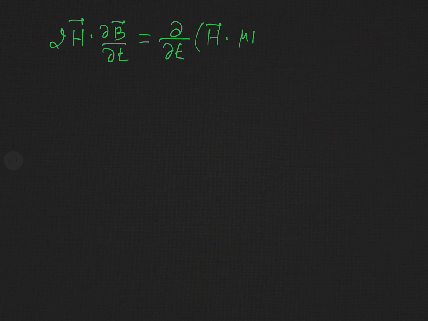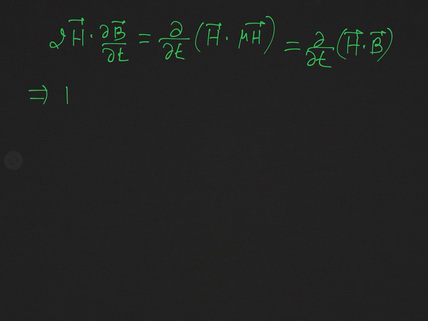This will be del by del T of H dot mu H. And you know mu H will in fact be B. So this is equal to del by del T of H dot B.